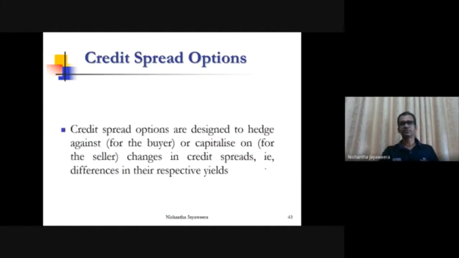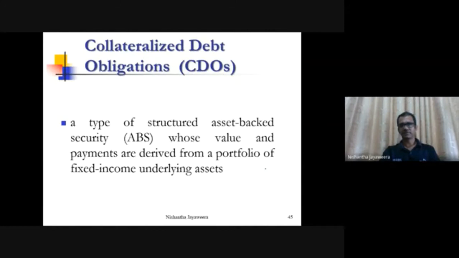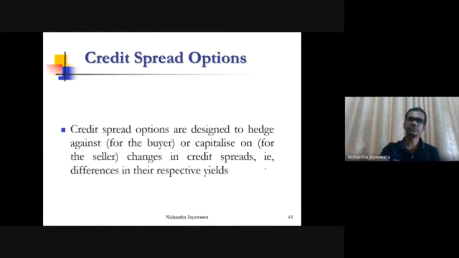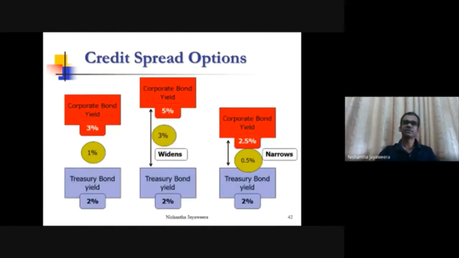So in the credit spread option, if the spread increases beyond the strike price, the buyer of the option can exercise his right and get the difference between the strike price and the spread as compensation against the credit risk.